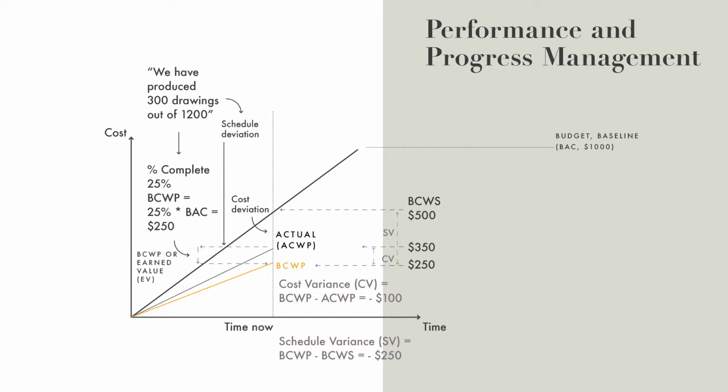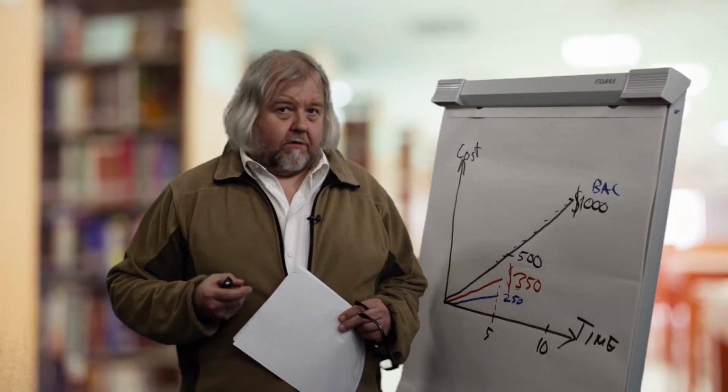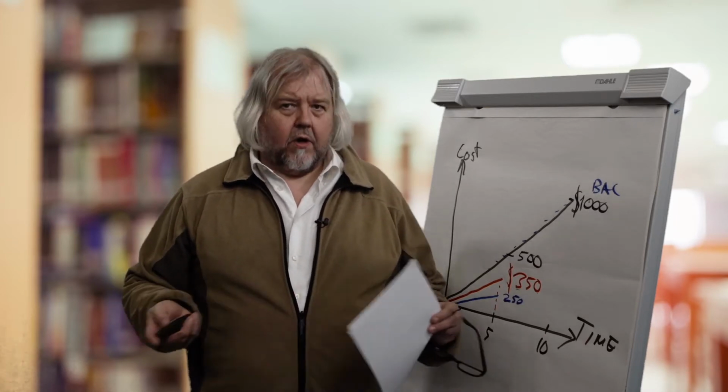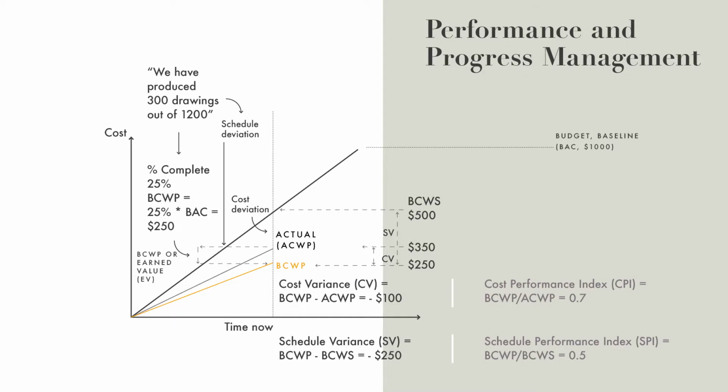And we also have spent more time than planned or budgeted. So we are lagging behind in schedule. That is the schedule variance. But an interesting thing that you should note here is that we express the schedule variance in dollars, so in monetary values.